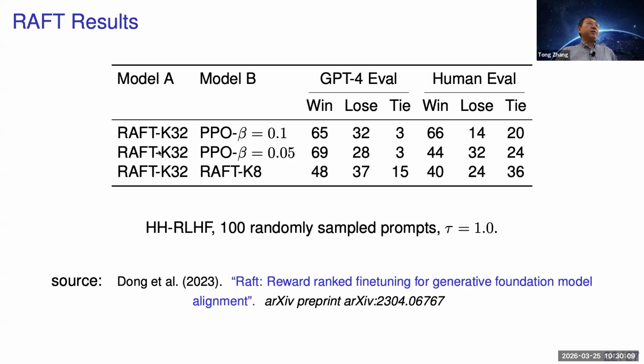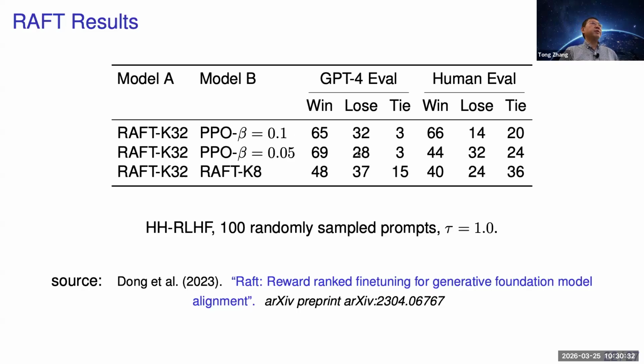Anyway, this one is K over 32, and this is K over 8, and so on. Just look at this eval: you use this model and generate. At least it is easier to tune, so that's why it is better than PPO.